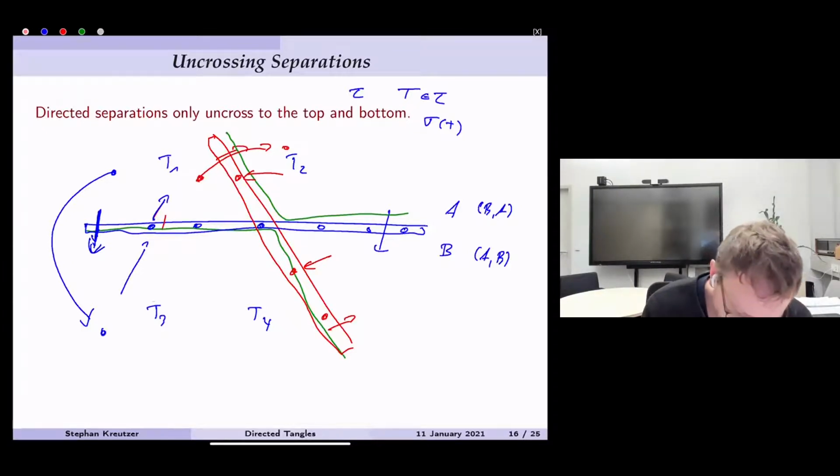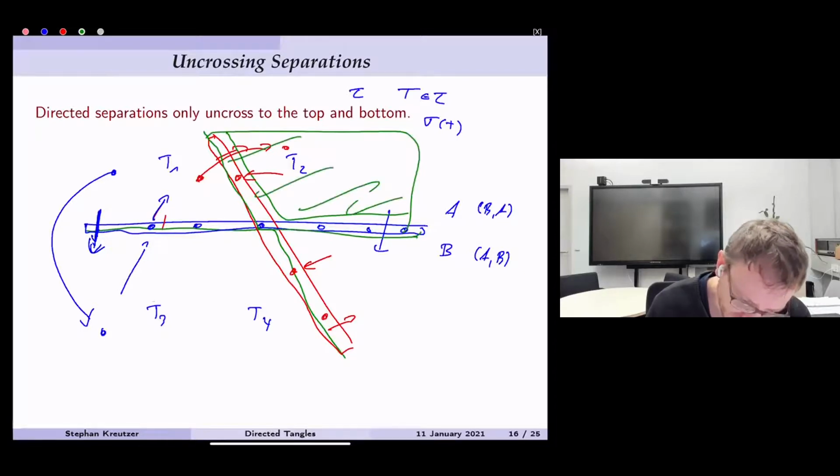Yeah, for the directed class, it doesn't work. Because these things here are no separations. Yeah, so if you wanted to take this as one side of the separation, and then this being the other side, this would not be a separation, because by these cross edges here, you can jump in, and then you can jump out.